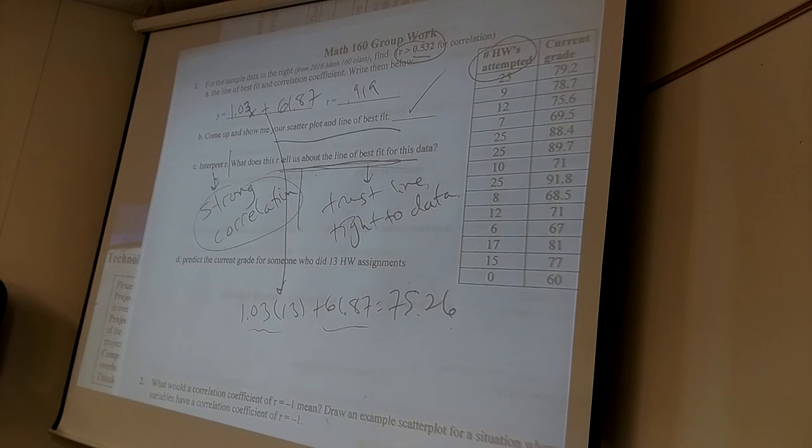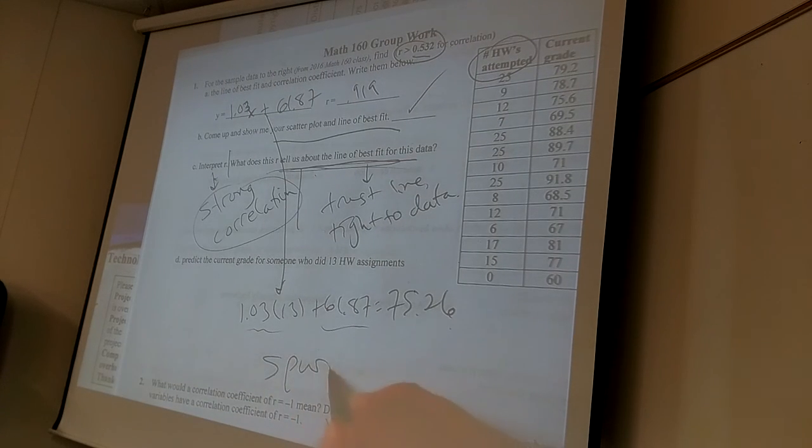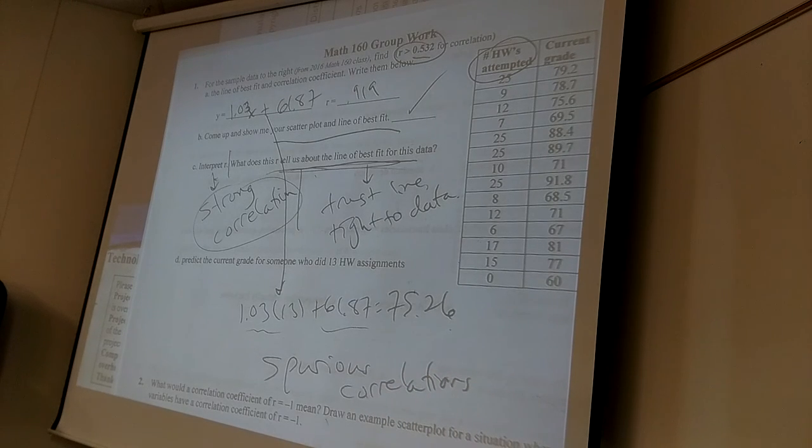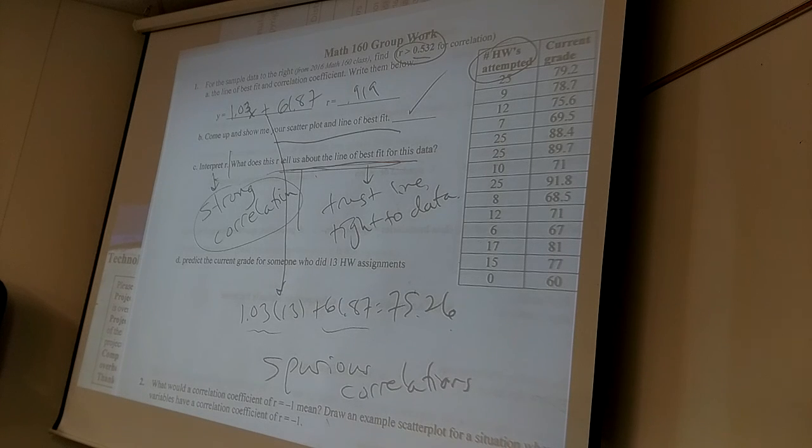There's a website called Spurious Correlations that shows things like the suicide rate in Michigan versus the price of butter, and there's a correlation. So there are correlations in the wild that just happen randomly. Of course, we don't decrease the price of butter and fewer people kill themselves in Michigan. That doesn't make any sense.